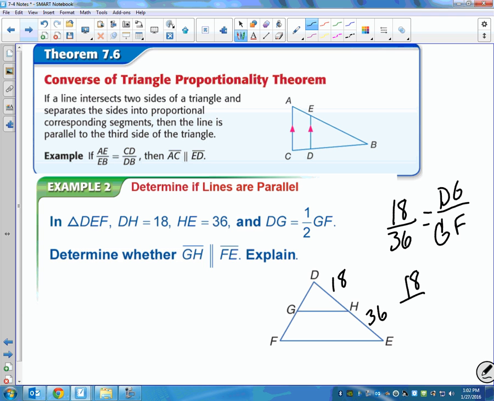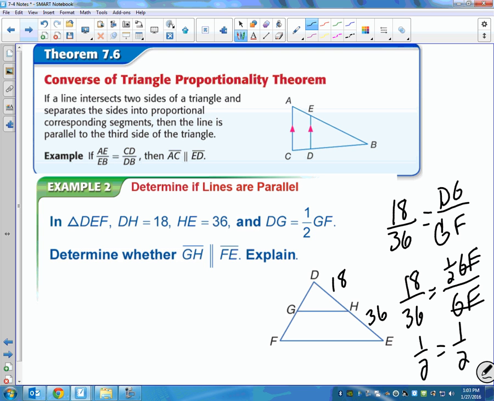Yeah, so instead of writing that, could I say 1/2 of GF over GF? Does DG equal 1/2 GF? GF stays GF. And can I cross GF out? Maybe that's a whole lot more work than I need to say. What does 18 over 36 reduce to? And if I cross all this out, what's left over here?